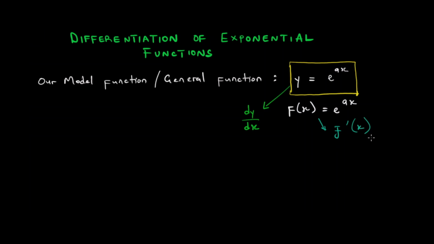Do inenge iri derivative yedu kana kuti gradient function. So since it's easier kuti titsvage dy dx kana kuti notation ya dy dx ndo yatiri more familiar to rather than notation ya f prime of x, so reva kuti we are going to be dealing with the function y is equal to e to the power ax.